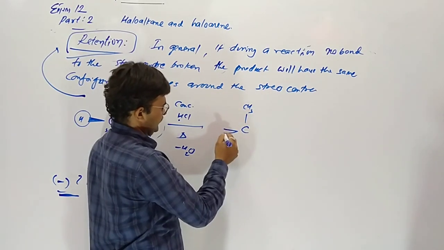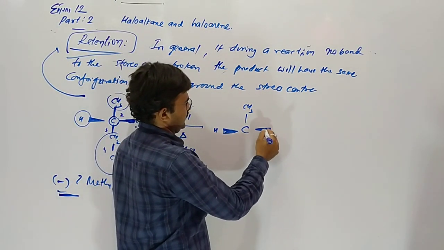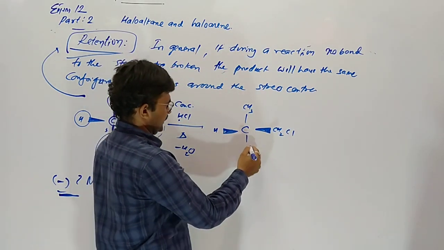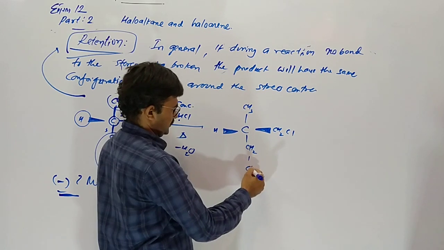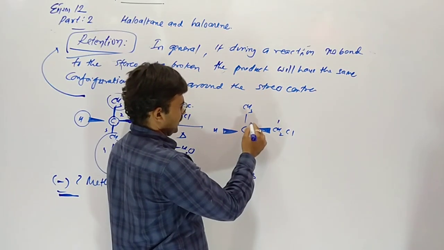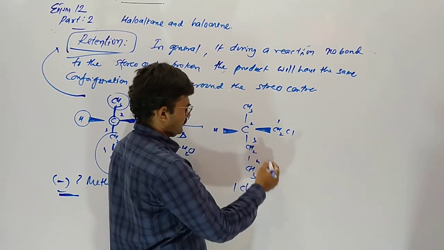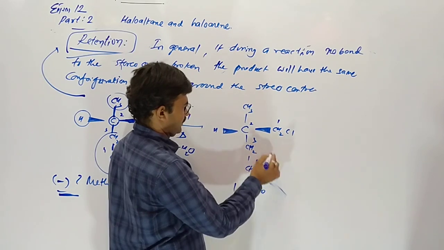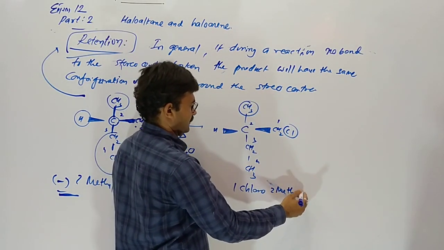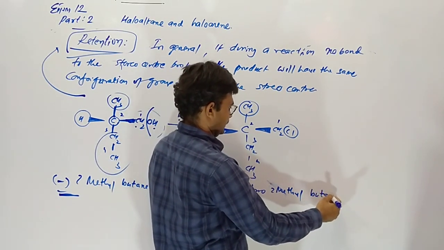Here is CH3, here is H, here is CH2Cl, then CH2CH3. So this one is now 1-chloro-2-methylbutane.